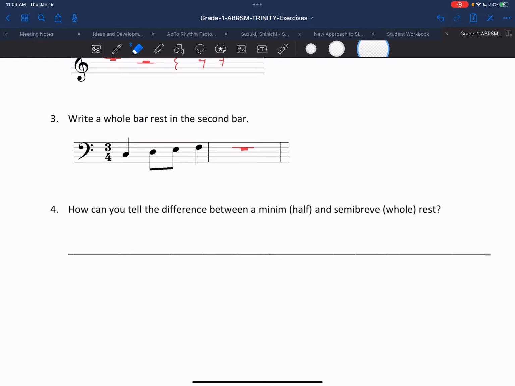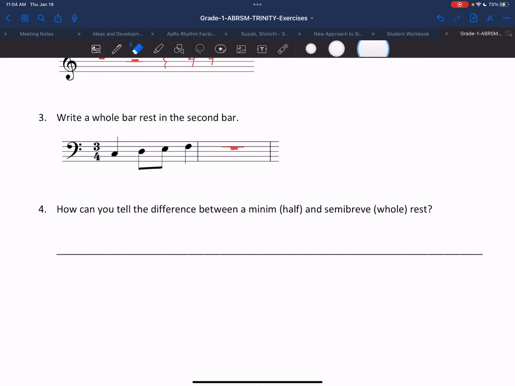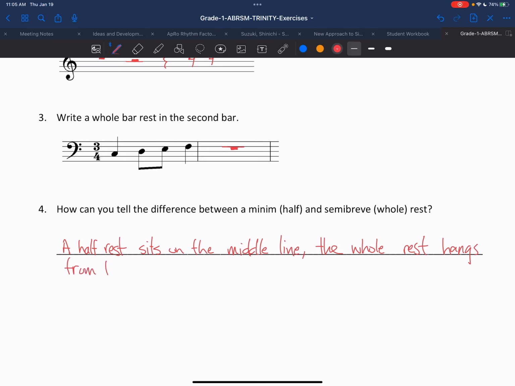Then it says, how can you tell the difference between a minim, or a half, and a semibreve, or whole rest? You can remember that the half rest sits on the middle line. The whole rest hangs from the 4th line.